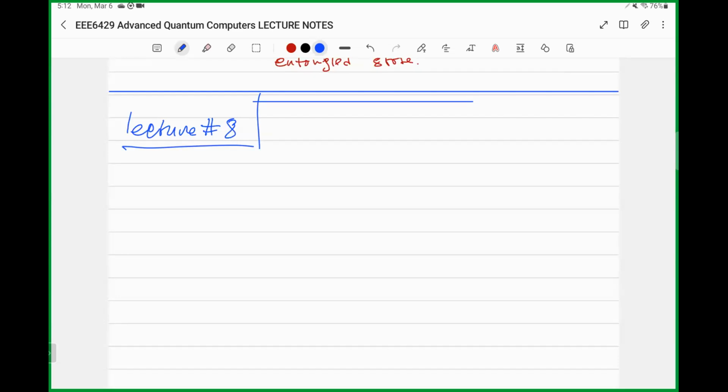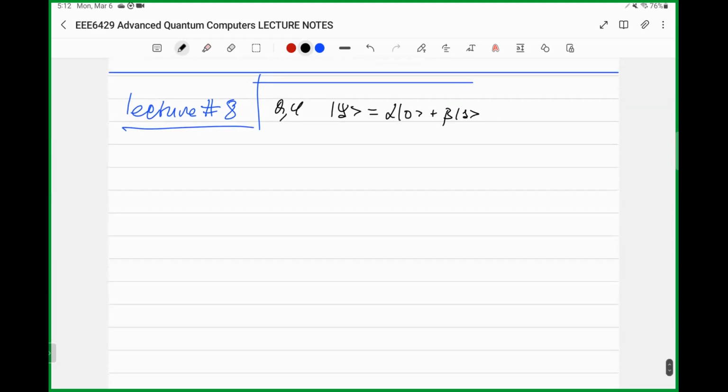First of all, by introducing the so-called Bloch sphere and Bloch coordinates, which are theta and phi, we can represent any psi vector, which is alpha 0 plus beta 1, where alpha and beta are complex numbers, and 0 and 1 are orthogonal states of the qubit.